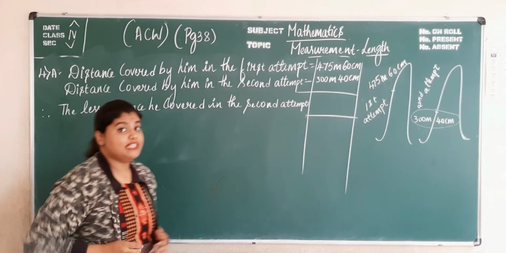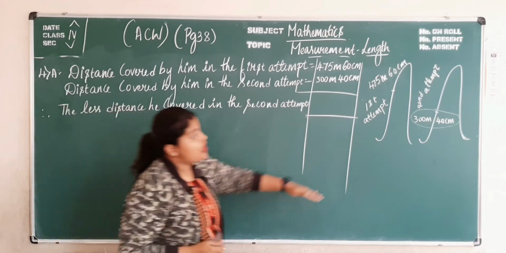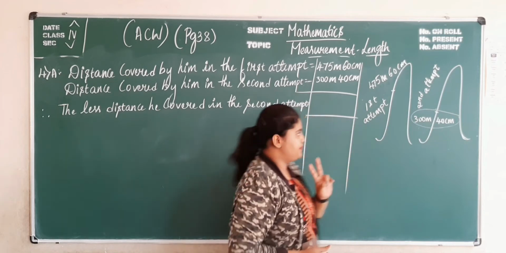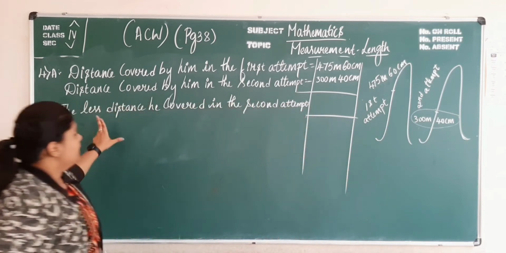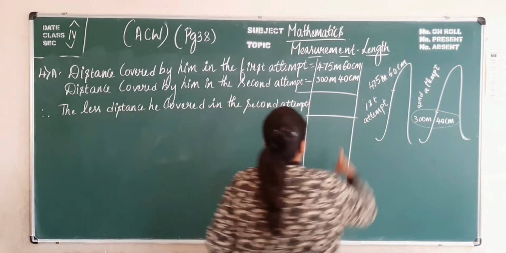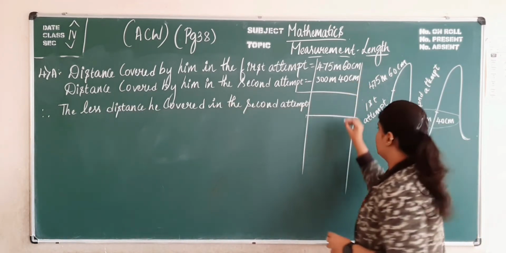Will be subtracting. So to find out how much less he has climbed in the second attempt, we will be subtracting. First we will write, yes, unit.